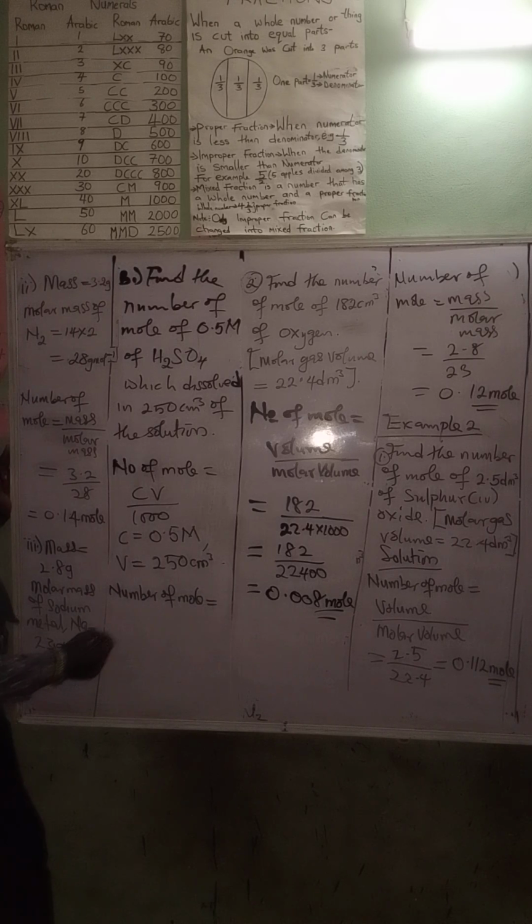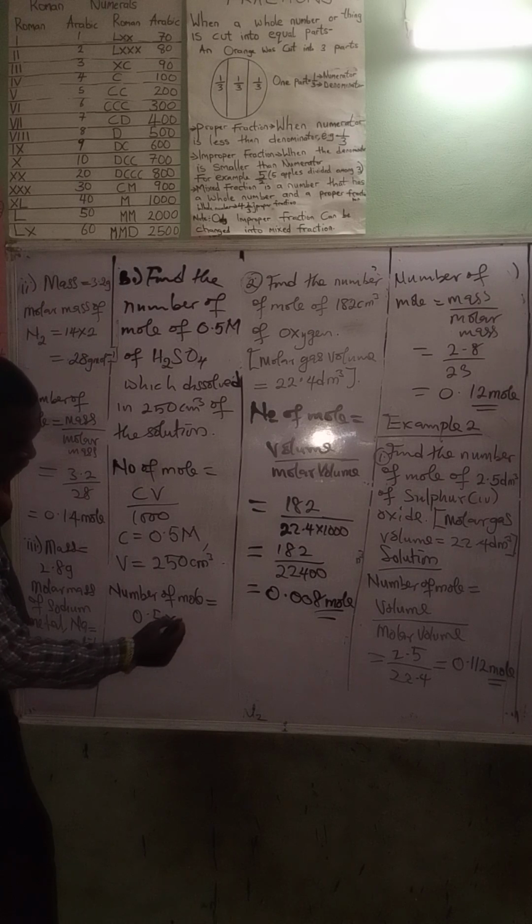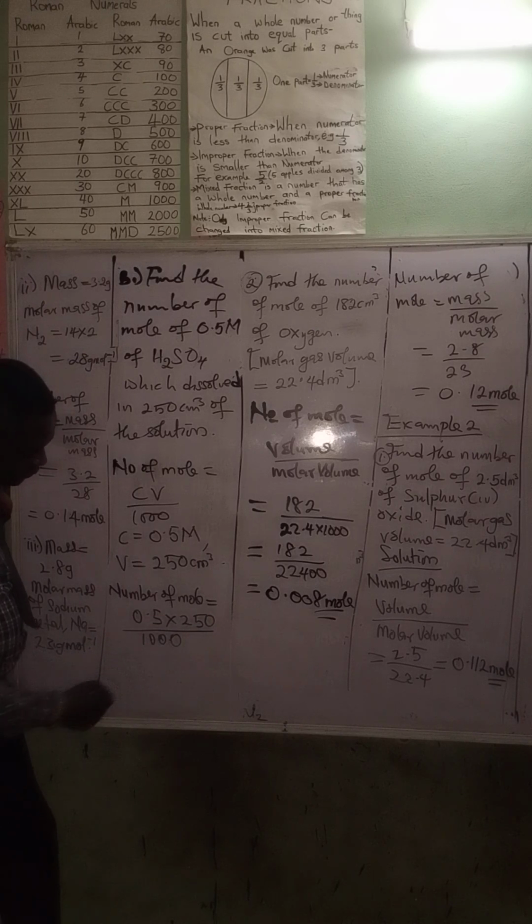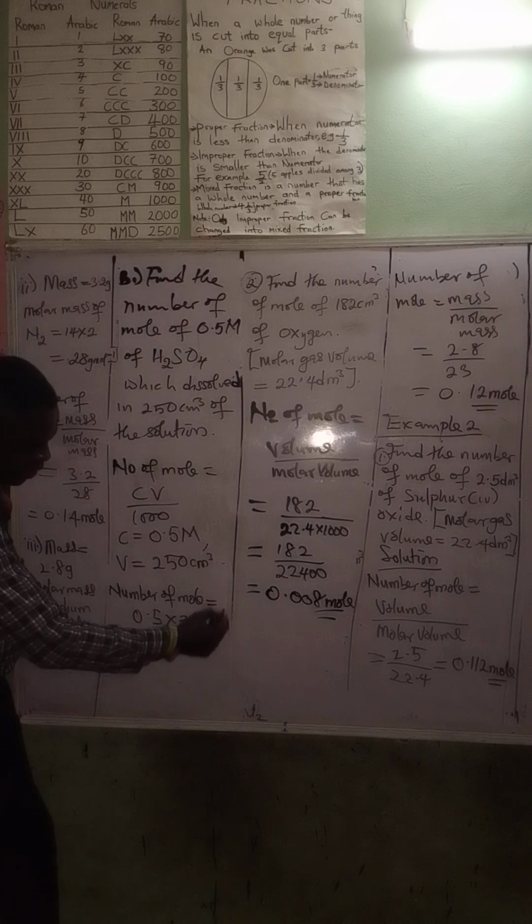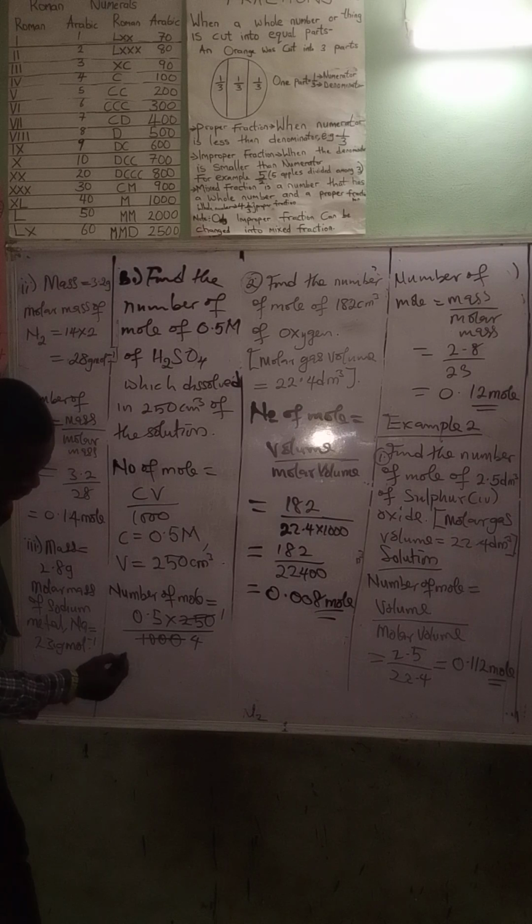So our number of mole now will be 0.5 times 250 over 1000. So 250 here 1, 250 here 4. So we are left with 0.5 over 4.